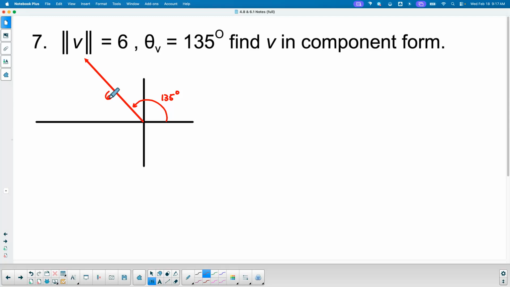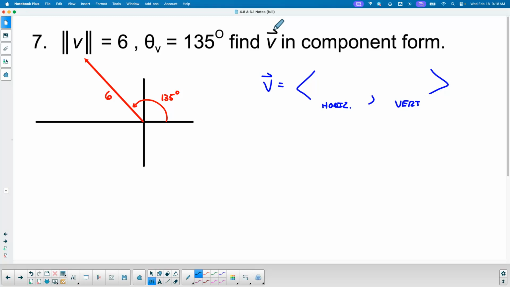Well, vector v in component form is going to have some horizontal and some vertical part, right? How can I get a horizontal out of that and a vertical out of that? I don't have a triangle.